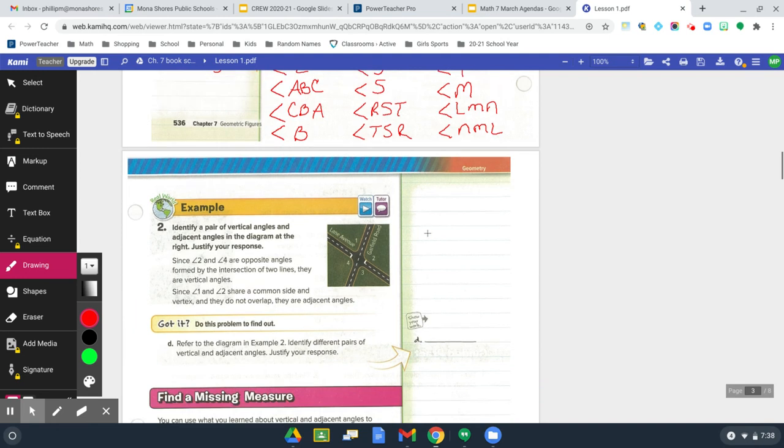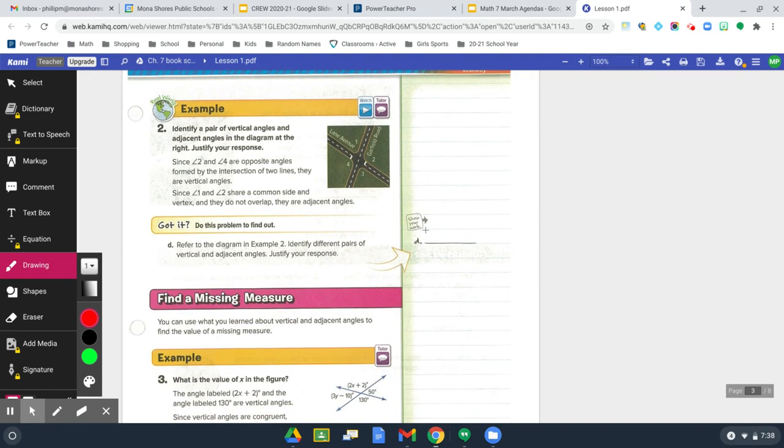We're going to go to page 537 at the top, example number 2. It says, identify a pair of vertical angles and adjacent angles in the diagram at the right. So you'll see it looks like an intersection of Lane Avenue and Garfield Road. So let's talk about vertical angles.